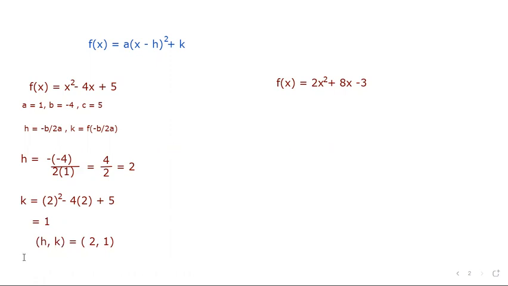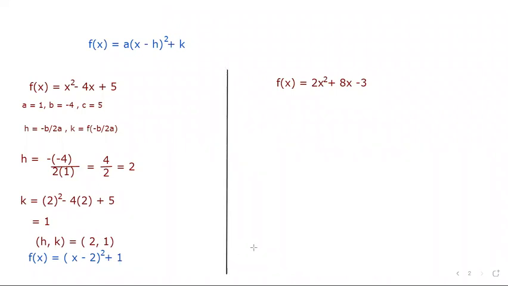This is going to be f of x is equal to, a is 1, so I'm not going to put it because it's understood, 1 times x minus 2 squared plus 1. The only thing I did is put my h and my k in here. I did not put the a equal to 1 because it's understood. That will rarely ever be shown at this level.